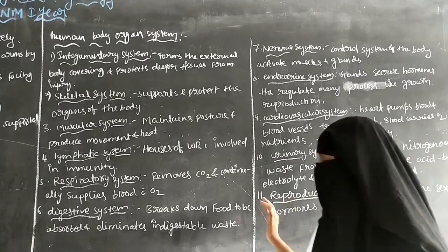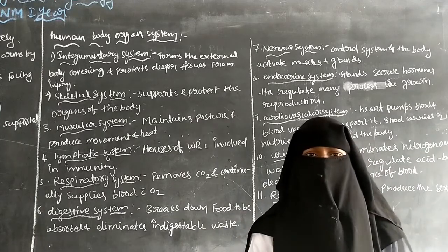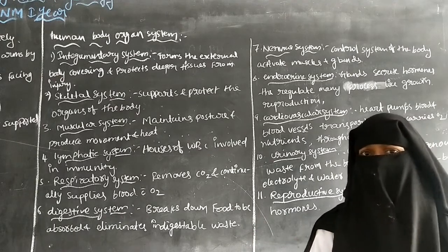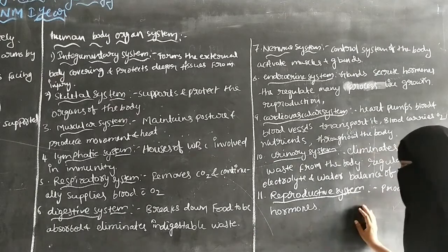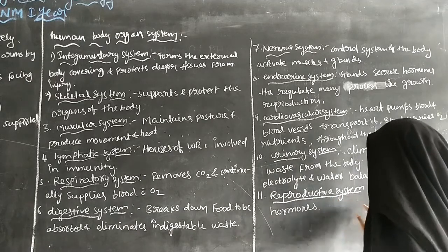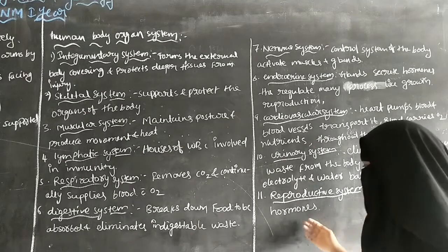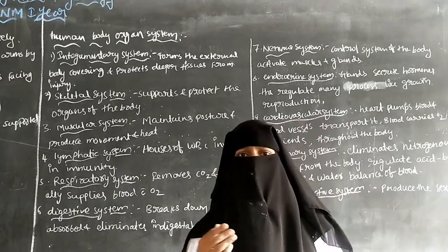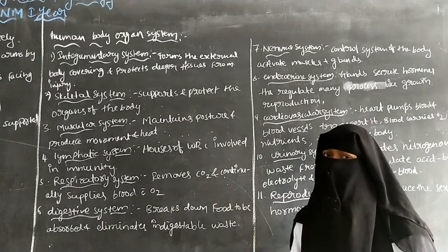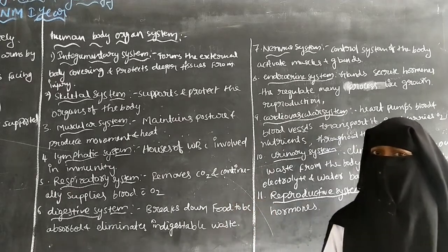The male reproductive system includes the penis, testes, and scrotum. So the reproductive system produces the sex hormones. The mammary glands produce milk during the lactation period.